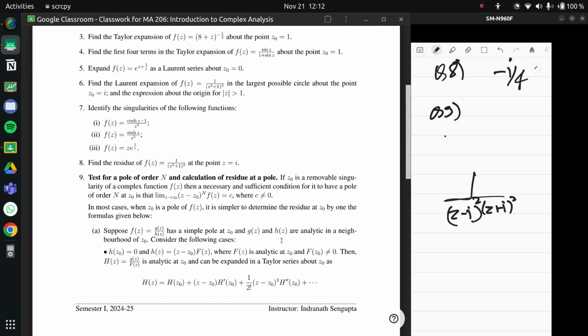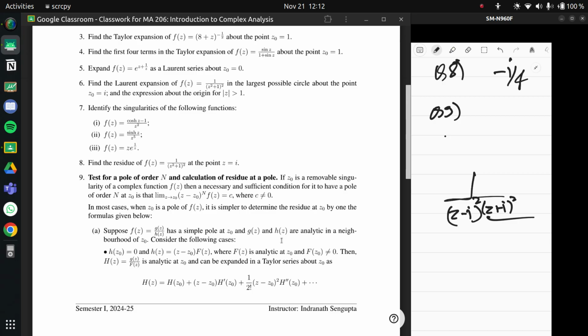Yes, you will have a constant, and basically you want the second term of this thing, the one with power equal to 1 over there.